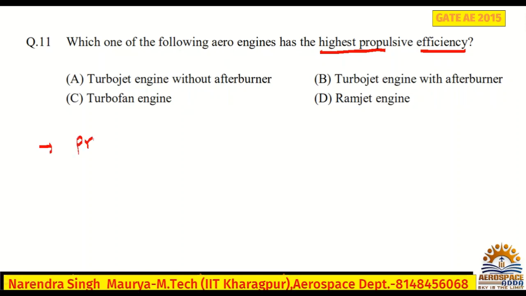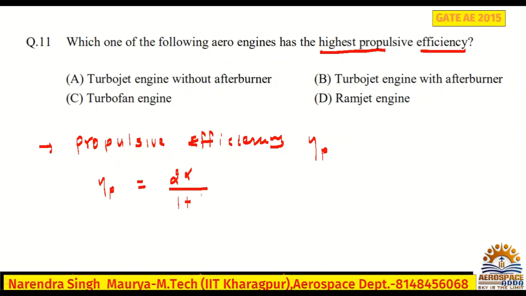Propulsion efficiency, eta p. We know the formula, in short form, is eta p equals 2 alpha divided by 1 plus alpha.